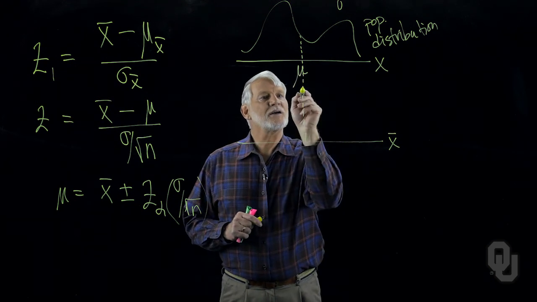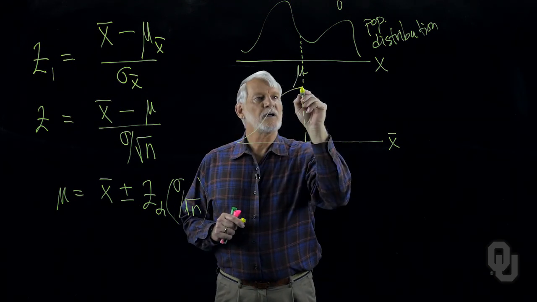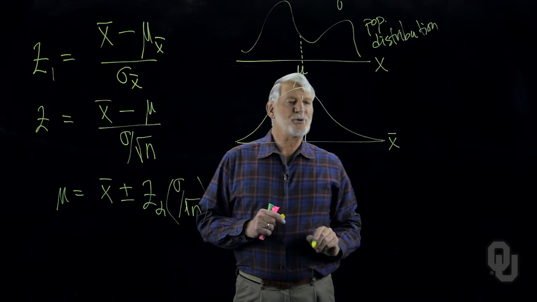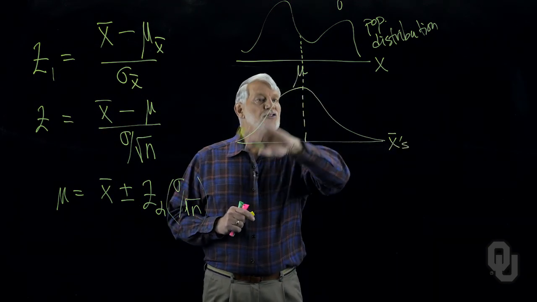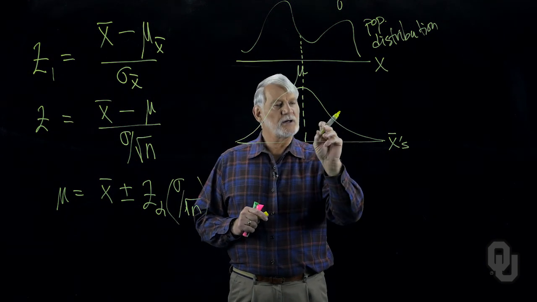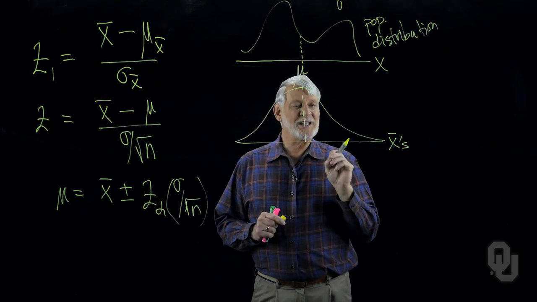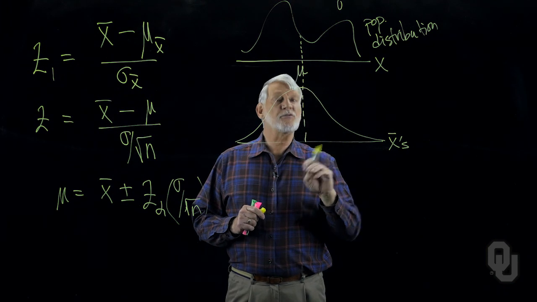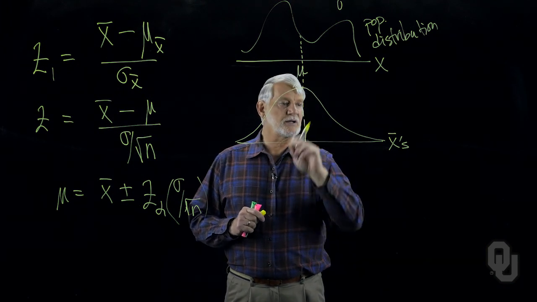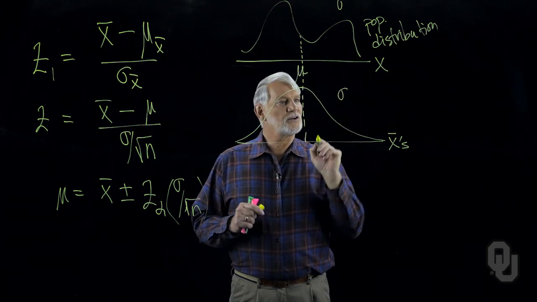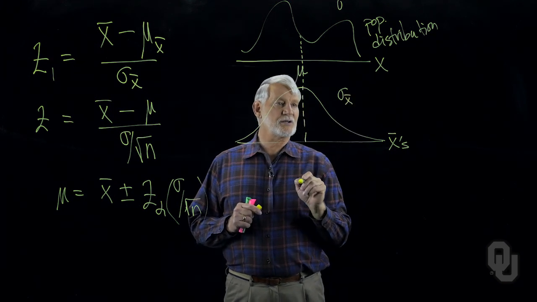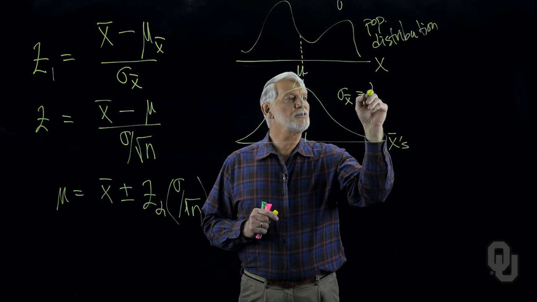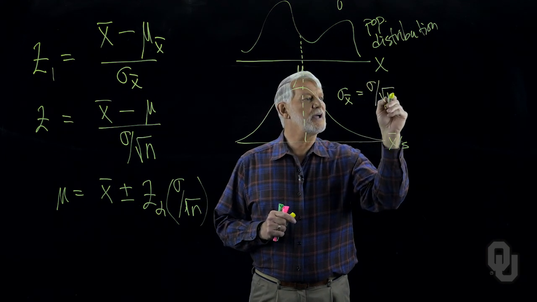Okay? But we do know that the distribution of sample means, these are x bars on this axis here, is normally distributed. Therefore, when I pull out an individual x bar, I know that it came from a normal distribution, this one here, which the central limit theorem, in its kindness, gives us the standard deviation, sigma sub x bar, which is equal to sigma over the square root of n.